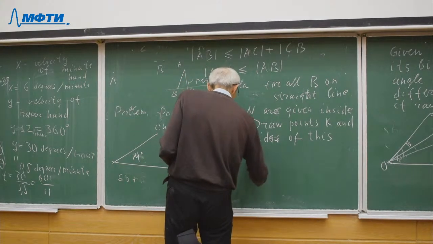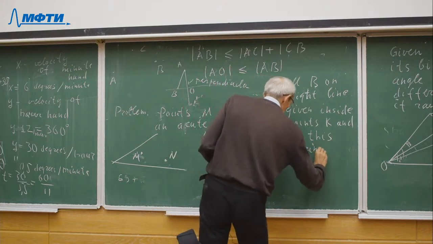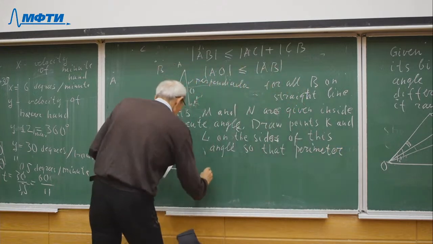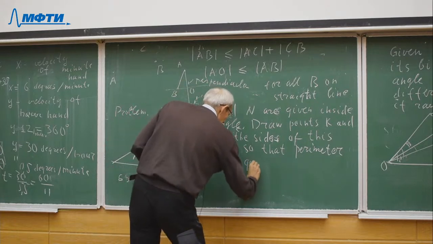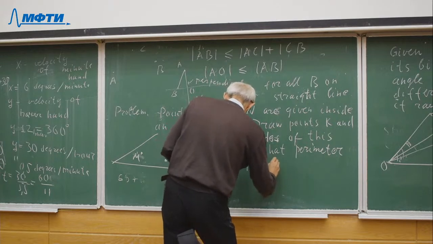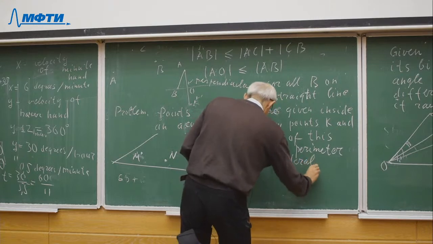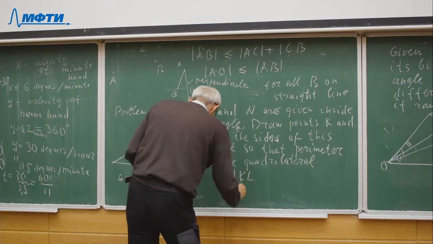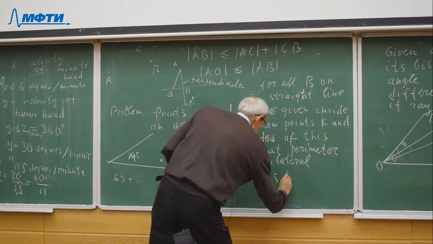so that the perimeter of the quadrilateral MKLN is the smallest.